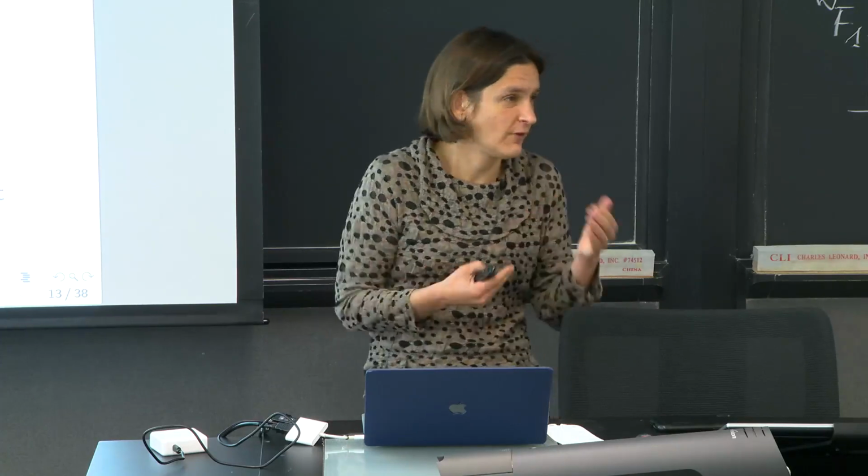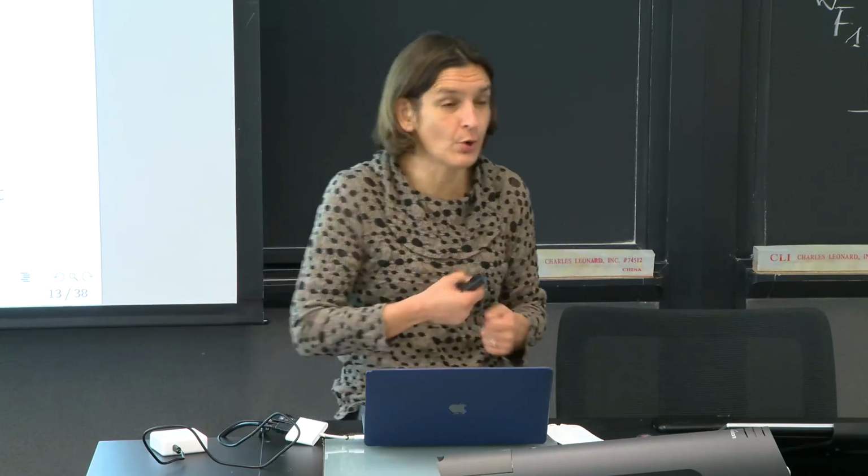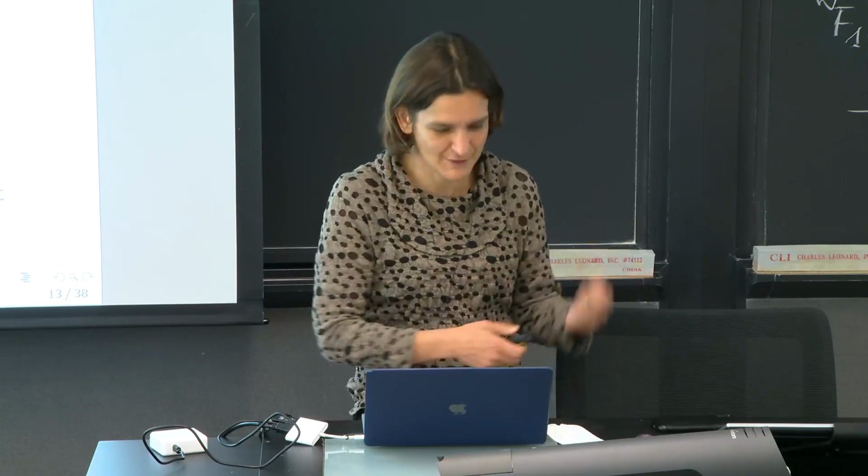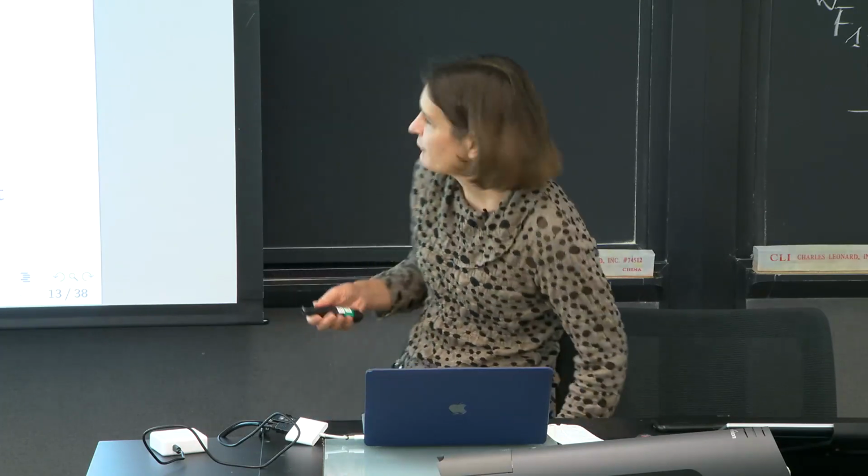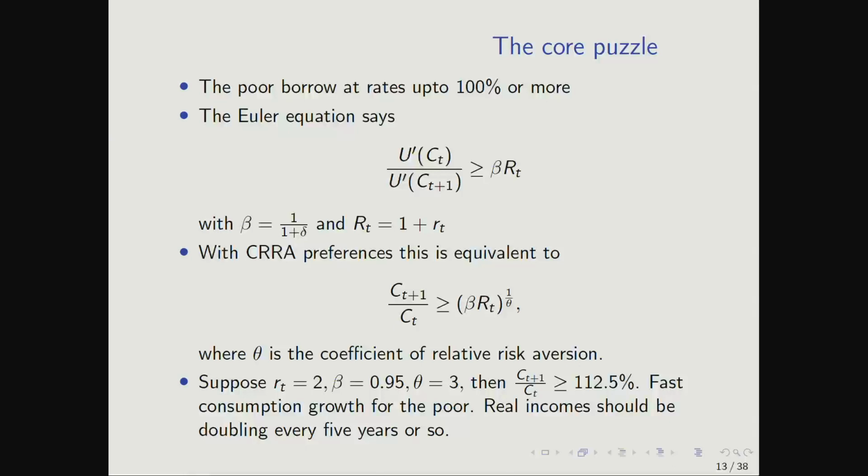And for households who borrow at very high rates, borrowing less is a form of savings, right? If we go back to the Euler equation, it tells us that the ratio of marginal utility should be at least beta R, with R now the gross interest rate, because it's beta R when they can, and it's greater when they are constrained.